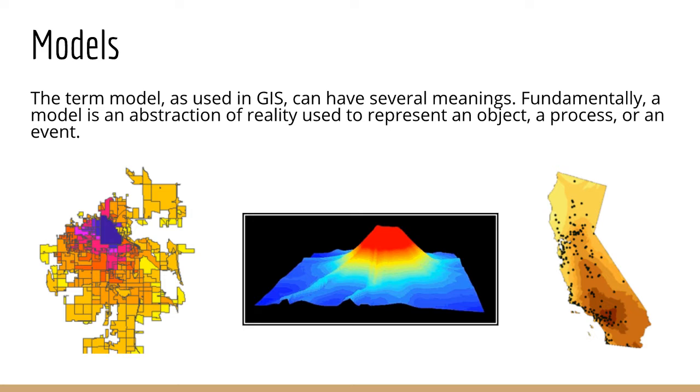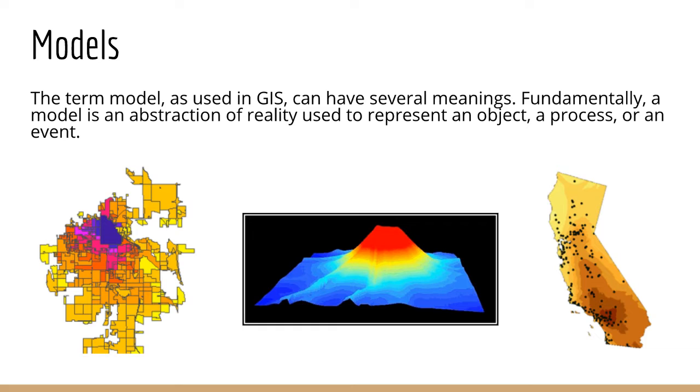Models are used in all disciplines, in all work, in all parts of the world. We use models to better understand processes. So we may look at a model of how the heart works. If we're trying to fix a heart valve problem, doctors use models of organs to better understand organs.